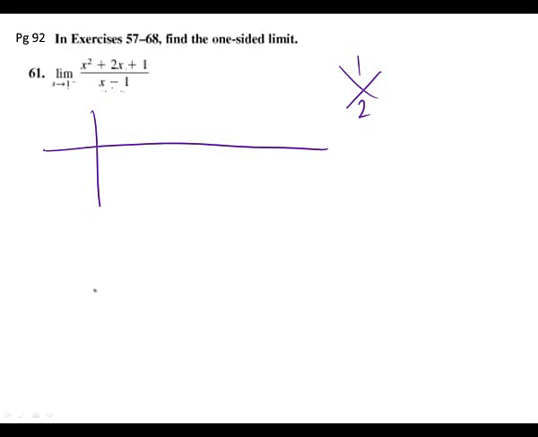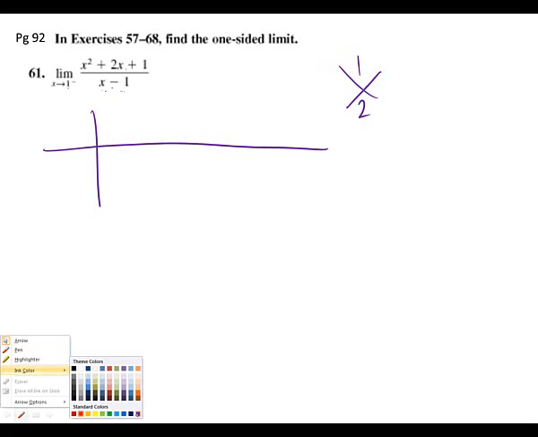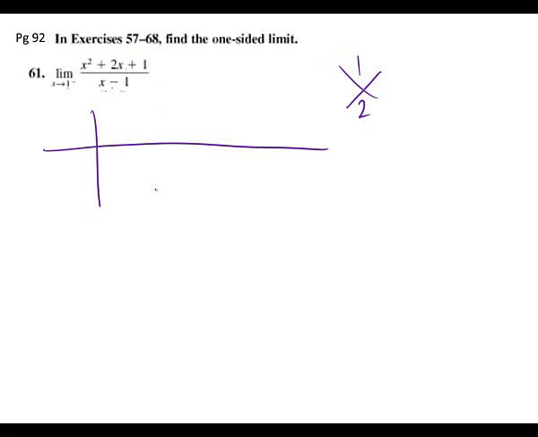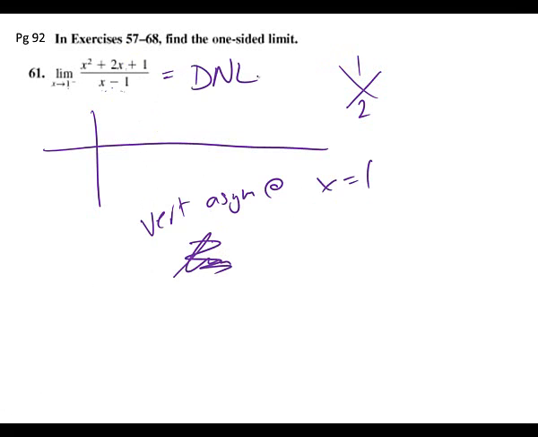I could have also done a table or a t-chart and put numbers on there, but that's probably way more trouble than it's worth. All right, so we would say it has a vertical asymptote at x equals 1. So actually this limit would just be, it does not exist, right? Because there is a vertical asymptote there.